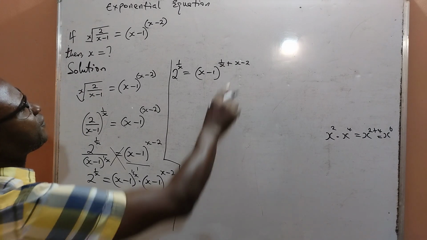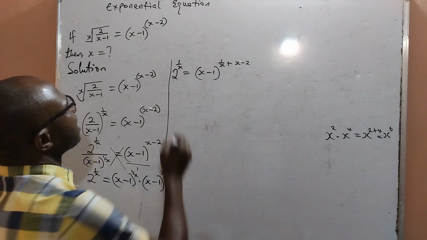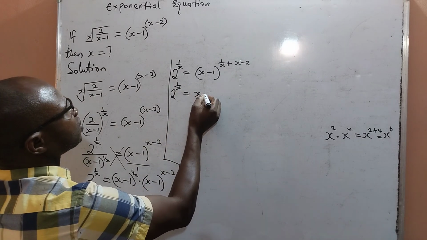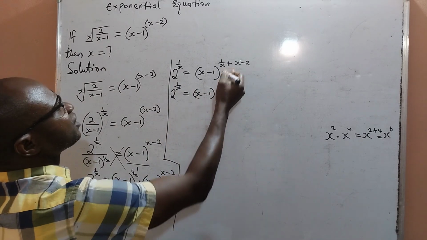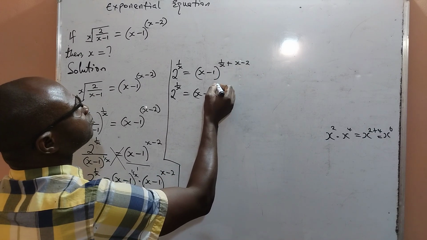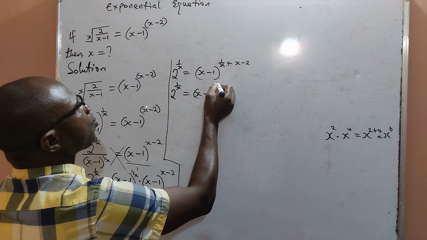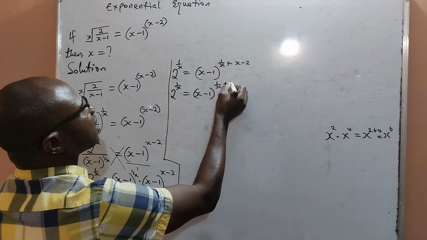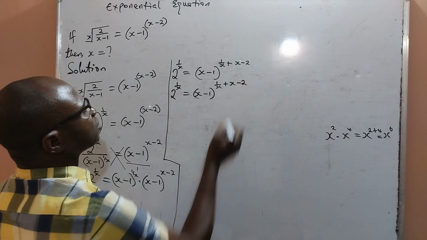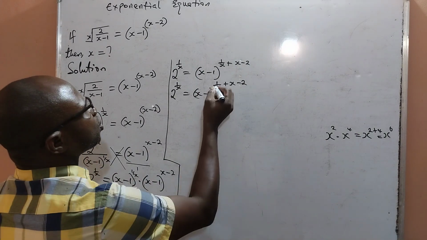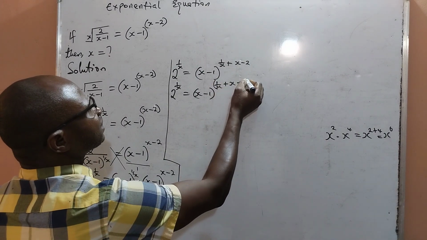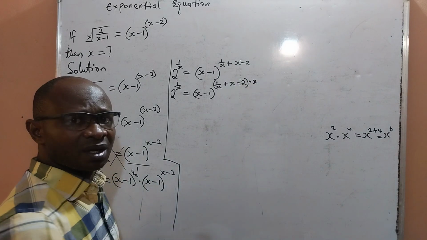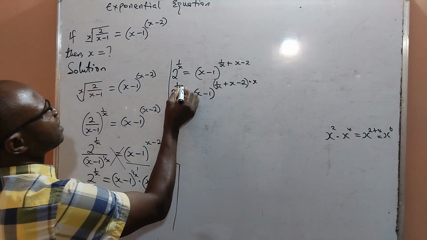Alright, from this, 2 raised to the power 1 over x is equal to x minus 1 raised to the power 1 over x plus x minus 2.